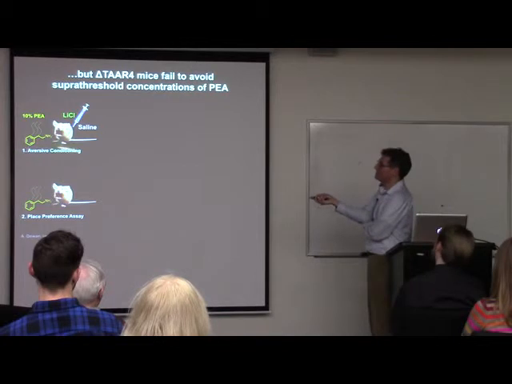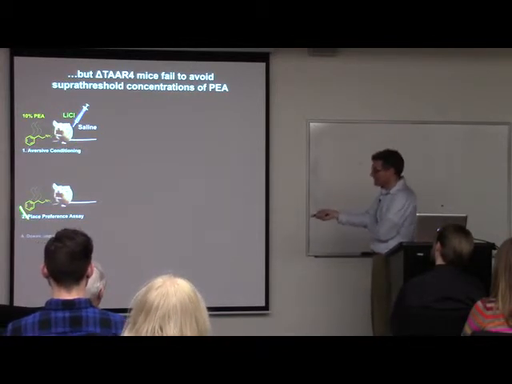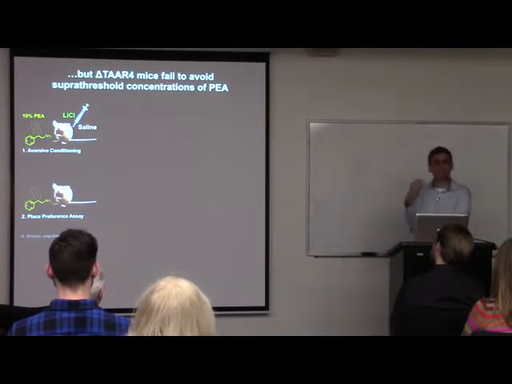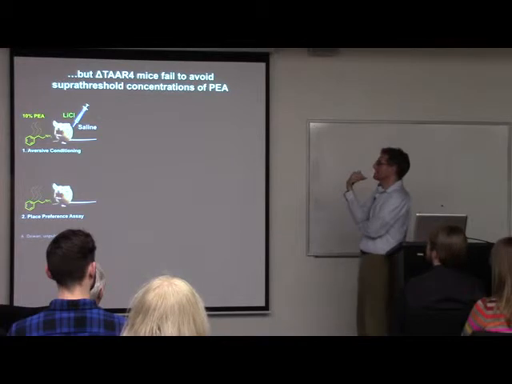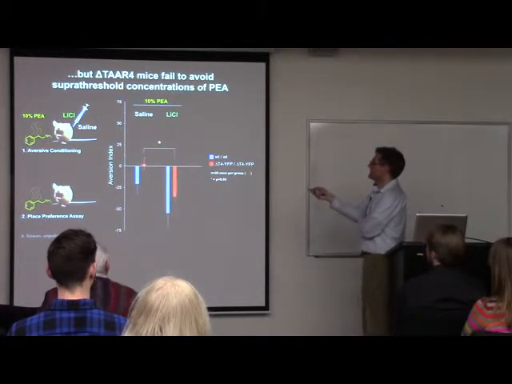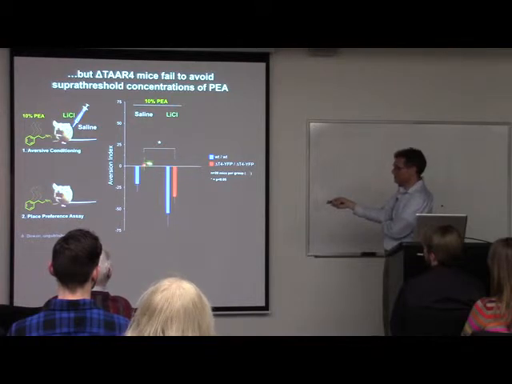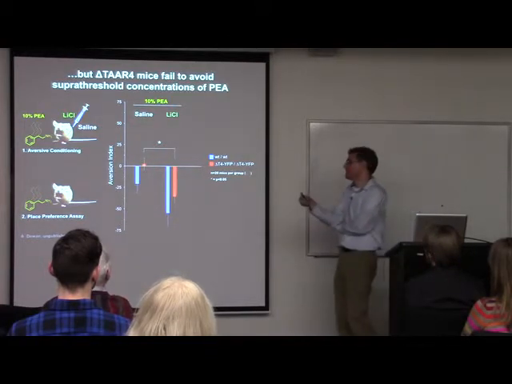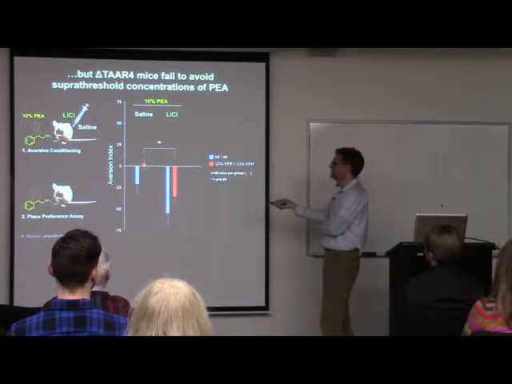They pick up an aversion then to phenylethylamine. We can then test them later in our place preference assay to ask whether or not we've induced aversion. And what we find is that animals that are deletions which normally don't show aversion can be made to avoid the same concentration of phenylethylamine by lithium chloride injection.